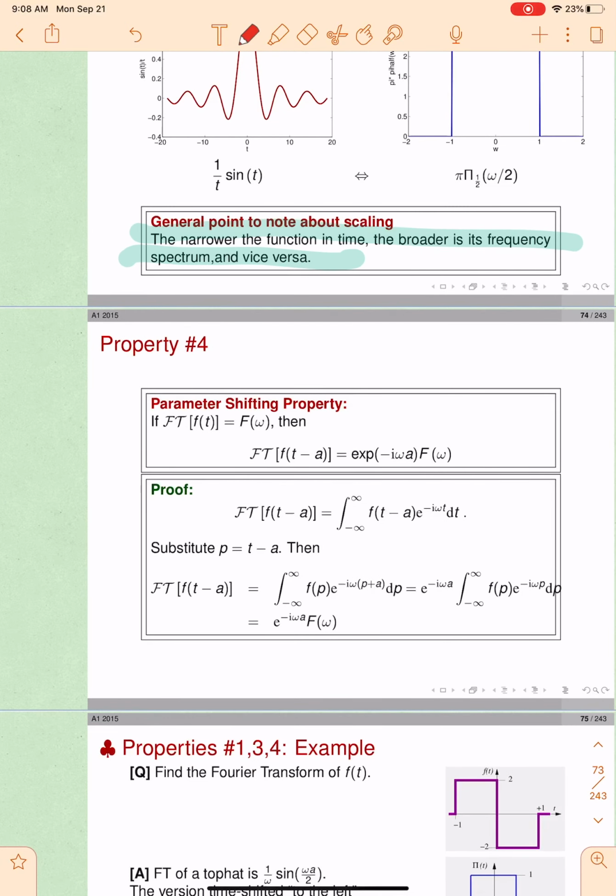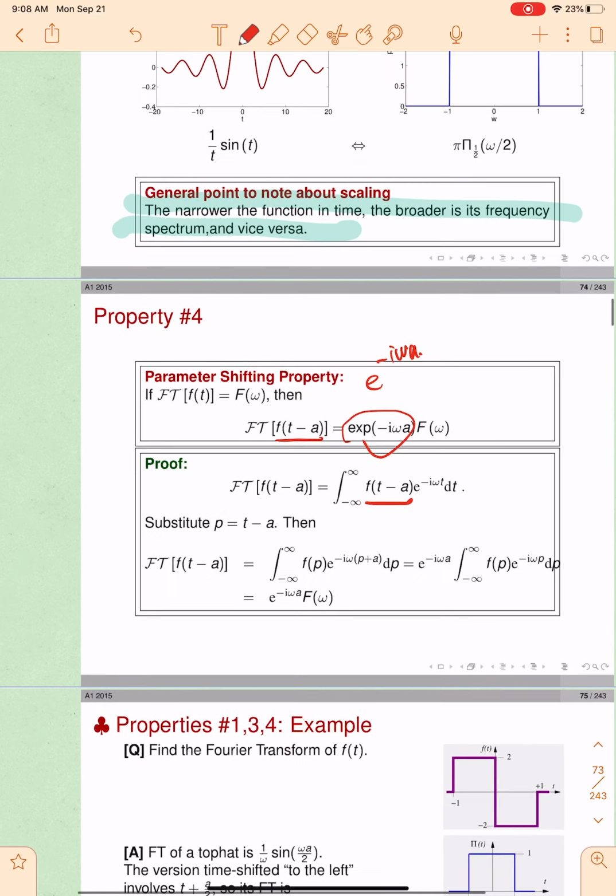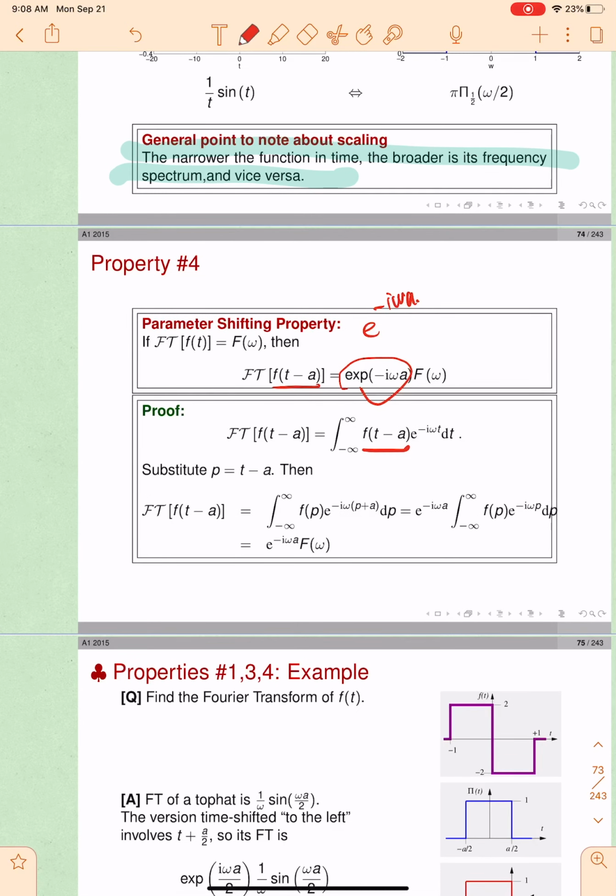Parameter shifting. So in the time domain, minus a, then you will introduce an e to the minus i omega a in the frequency spectrum. To prove it, you will put f(t minus a) into the transform expression. Then you replace by p.